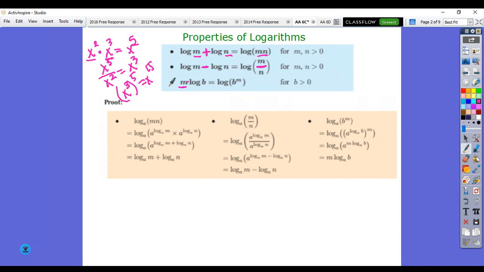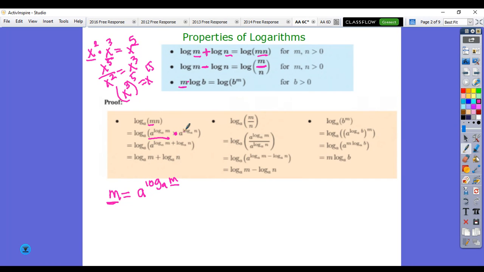All right. So think back to the last assignment when we'd say m equals a to the log base a of m. Remember, if the bases match, we just took whatever was here and put that up here. So I'm replacing m with this, and doing the same thing with n, a to the log base a of n.